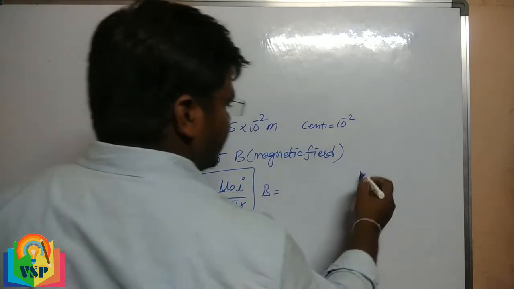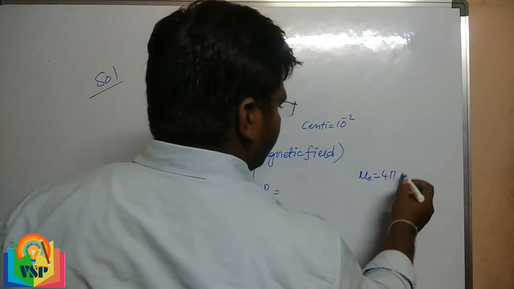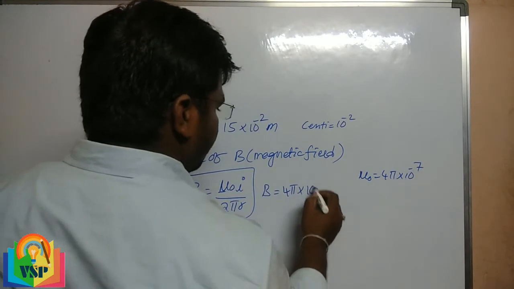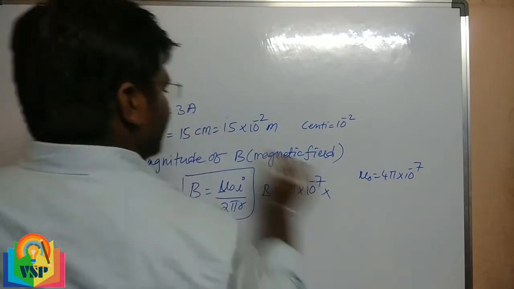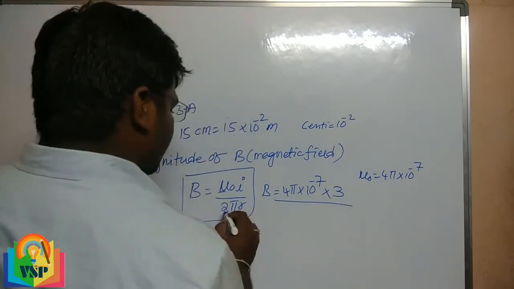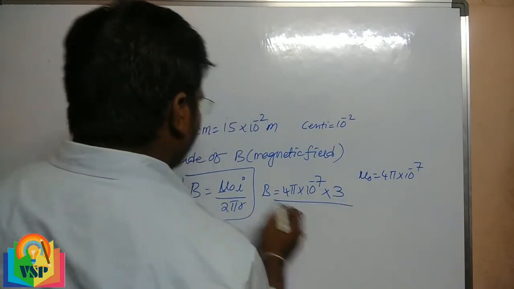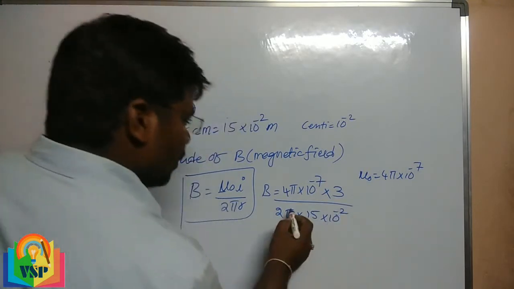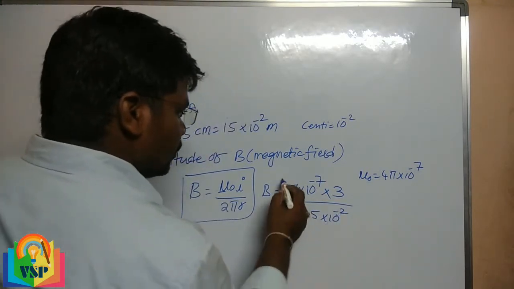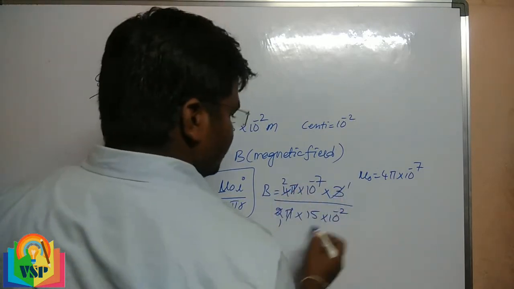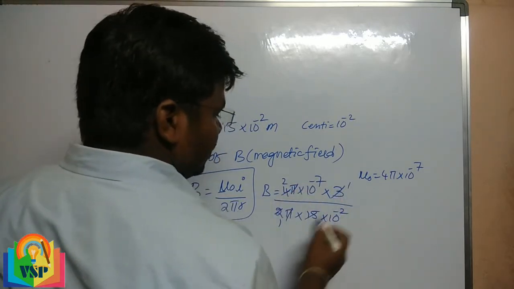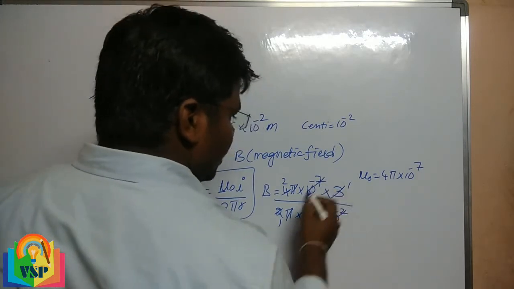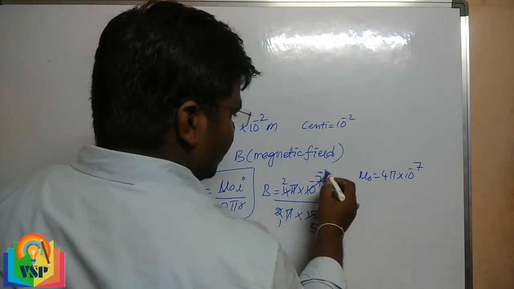B is equal to mu naught, which is a constant, 4 pi into 10 power minus 7, into current 3 amperes, divided by 2 pi into radius 15 into 10 power minus 2. Pi gets cancelled, 2 ones, 2 twos, 3 ones, 3 fives. 10 power minus 7 divided by 10 power minus 2 gives 10 power minus 5.